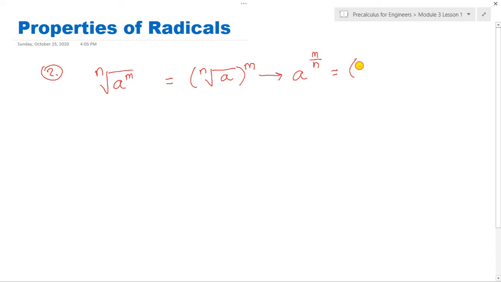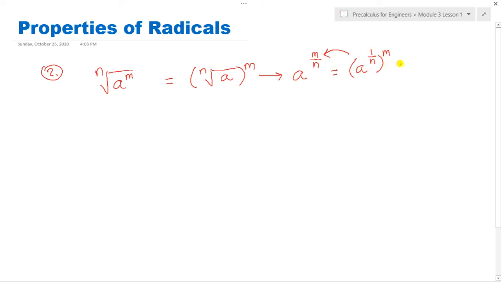So, here, a raised to the power of m over n, we can just extract m. So we have here a raised to the power of 1 over n, then m. So remember the multiplication rule of exponents. Like this one can be reversed or can be resolved in this form. You just multiply 1 over n times m. So ganun lang.